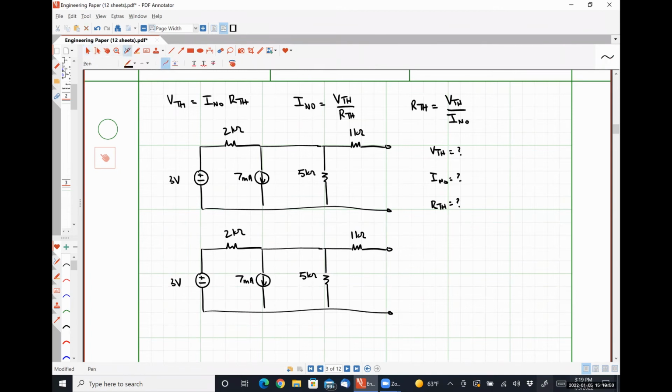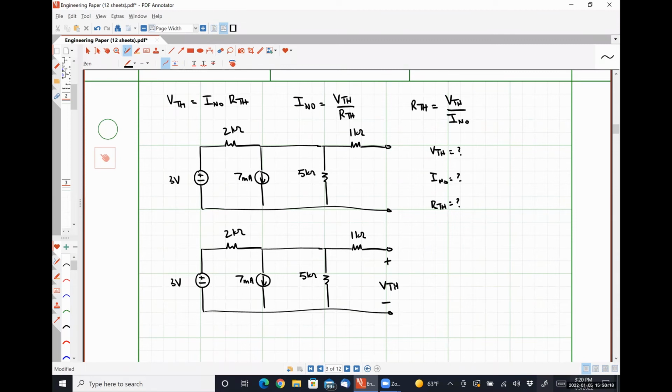So literally, the only change I need to make to this circuit to find the Thevenin voltage is to define the Thevenin voltage as the open circuit voltage. So what circuit analysis technique would you care to use?